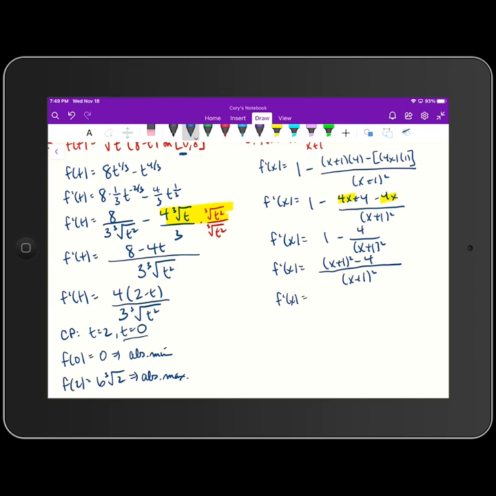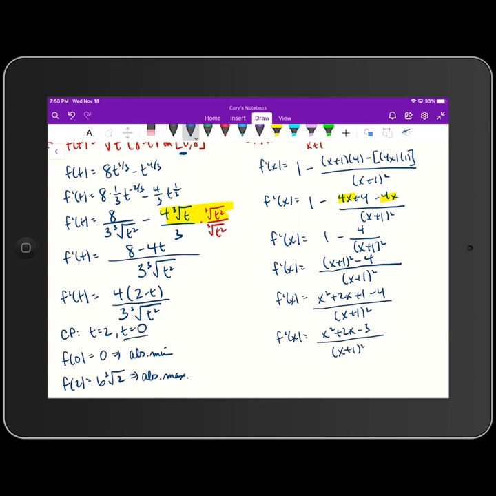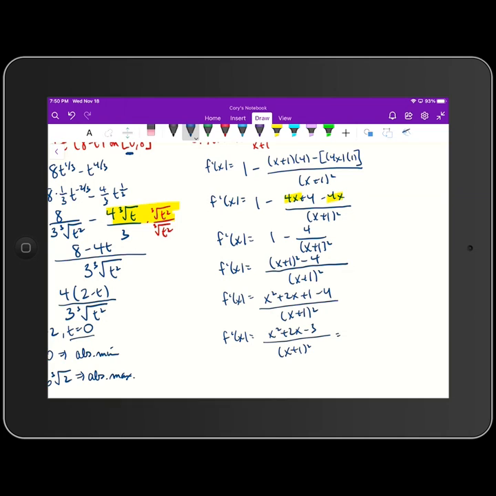So x plus 1 squared is x squared plus 2x plus 1, minus 4, over x plus 1 squared. And then that's going to make f prime equal to x squared plus 2x minus 3 over x plus 1 squared. And then I can factor the numerator. That numerator is going to factor to x plus 3 times x minus 1 over x plus 1 squared.